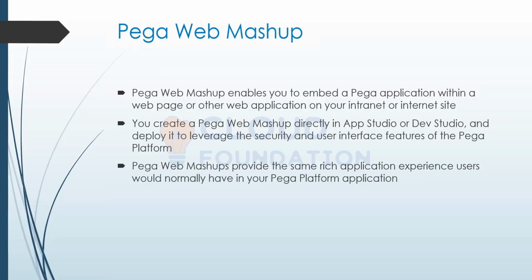This Pega web mashup allows you to access your Pega applications on different other applications or websites. The experience is going to be the same as how you access it directly on a Pega application. Same way, you can access it through a mashup also. But just that, the launch point is a different one.